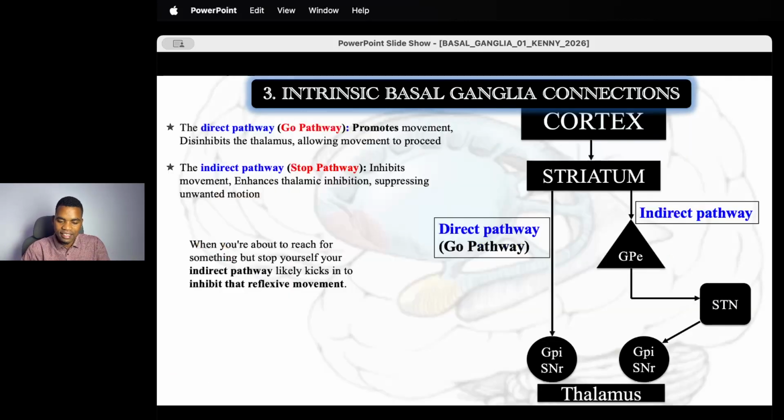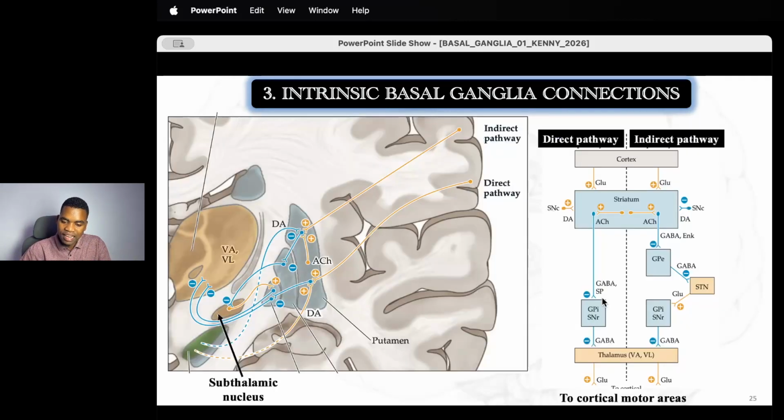So this is a simplified diagram. Let's now dive into the details of what's really happening within these pathways. This is what the direct pathway looks like. We have the main input from the cerebral cortex, as we expect, and the main input goes to the striatum. They are using the putamen just as a representative of the striatum.